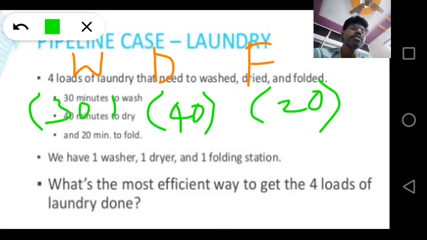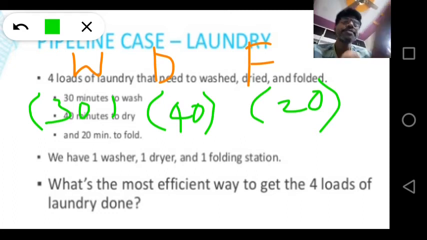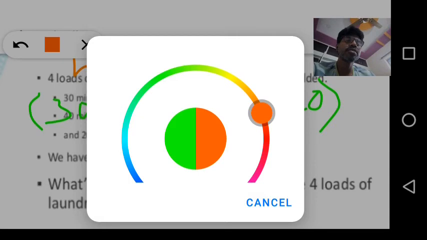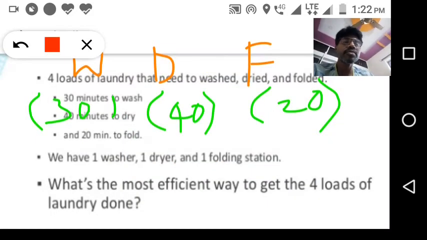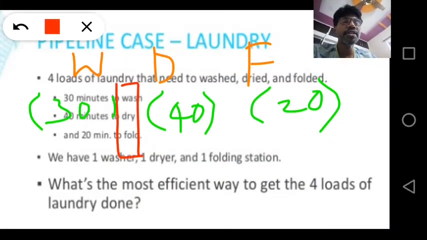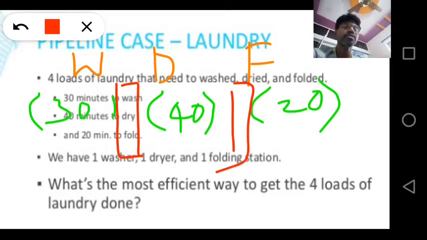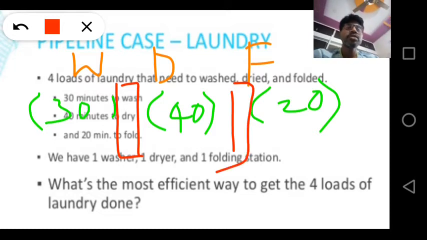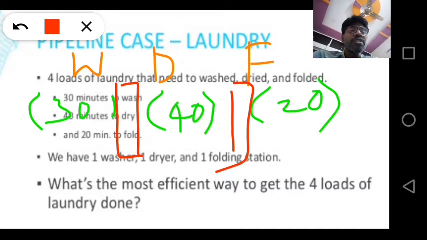Now can you guess where buffer is required? Yes, buffer is required here and sometimes here also. So we have one washer, one dryer, and one folding station. What is the most efficient way to get 4 loads of laundry done?